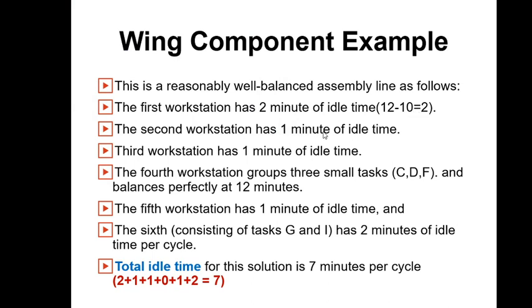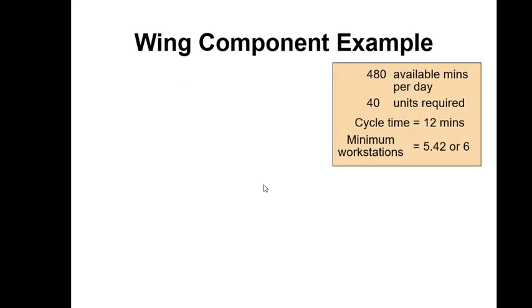In the second workstation we have 1 minute, and so on. The total idle time in the assembly line is 7 minutes, which is 2 plus 1 plus 1 plus 0, of course, because one of them was a perfect workstation, plus 1 plus 2, equal to 7 minutes.